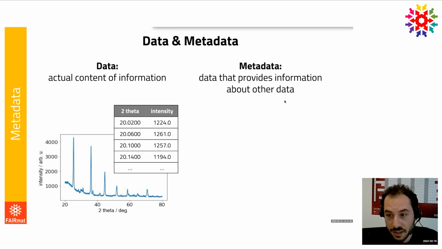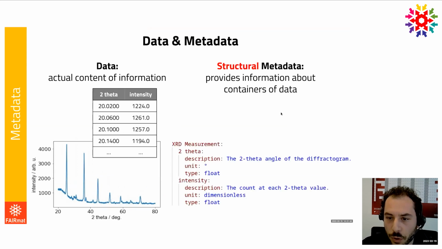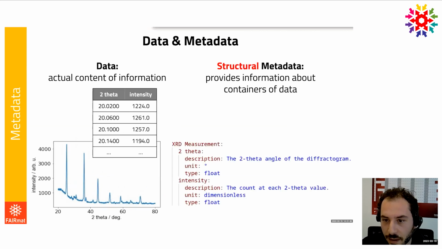There is some more specification needed on the metadata. When we talk about structural metadata, we talk about something that provides information about the containers of data. In this case, the two containers are these two variables, two theta and intensity, and both of them should be decorated with some further information giving, let's say, which unit we are using, which type, or maybe a description to understand without ambiguity which variable this is.